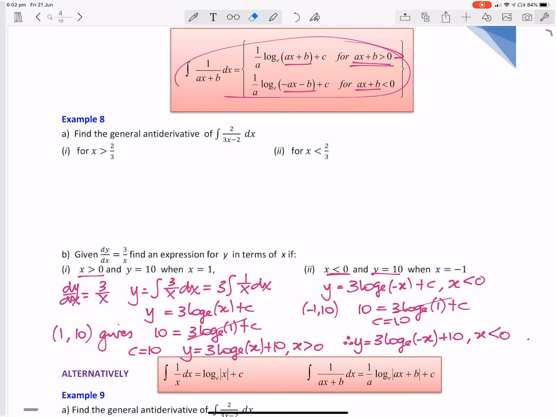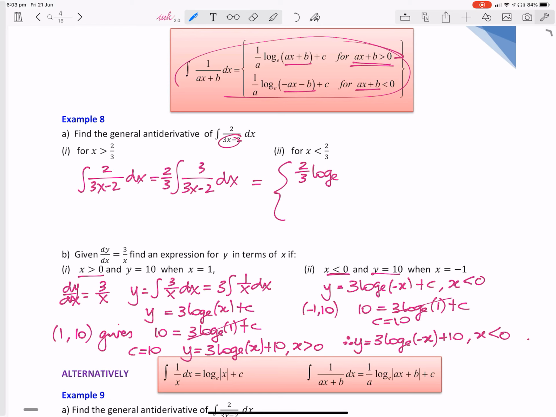So the significant part is 2/3, but if we didn't know, we would say the integral of 2 on 3x minus 2 dx is equal to 2/3 times 3 on 3x minus 2 dx. Our integral is split into 2/3 log e.